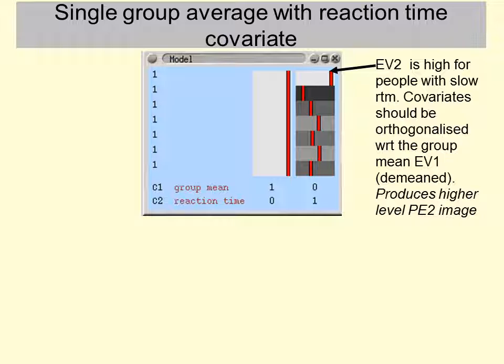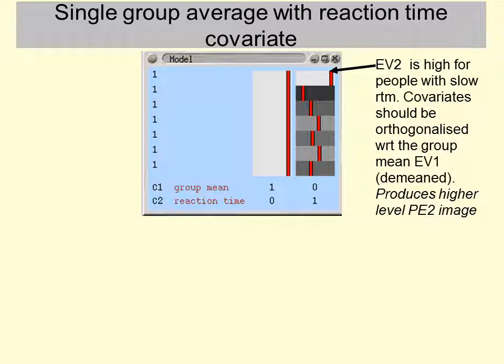And this explanatory variable has been de-meaned or mean-centered, so it will have a mean of 0. And in order for a voxel to get a parameter estimate much more than 0 for this explanatory variable, the pattern across participants of activation will have to be such that the activation is more in the voxel for this person, less for this person, and somewhere in the middle for the others.